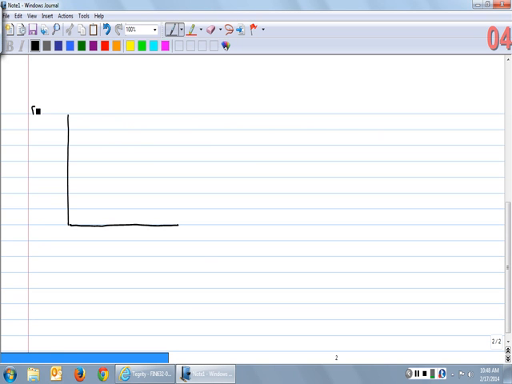Instead, what we're likely to do is form a portfolio. Sorry, that's not what I meant to do, let's back up. I'm going to put risk on this axis, and I'm going to use standard deviation, subscript P for portfolio. And I'm going to put number of securities on this axis.